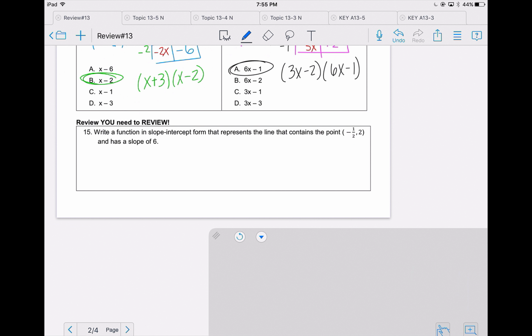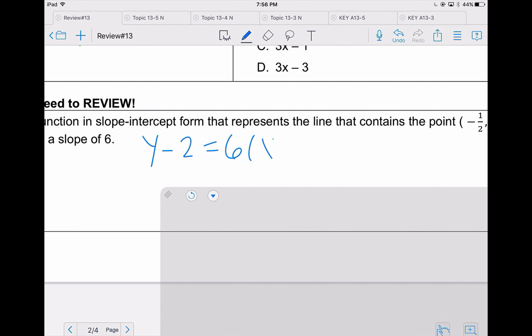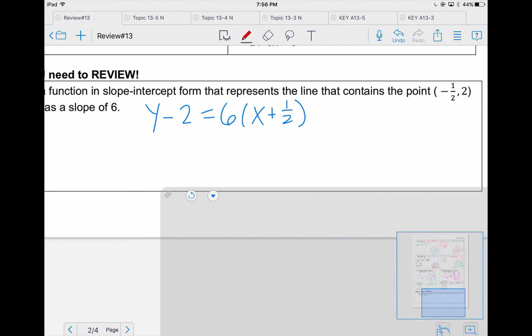Now for some quick review. 15 asks us to write a function in slope-intercept form that represents a line that contains the point (-1/2, 2) and has a slope of 6. So remember we use point-slope form. Y minus my y point equals m times x minus my x point. And remember that you write your points with the opposite signs.